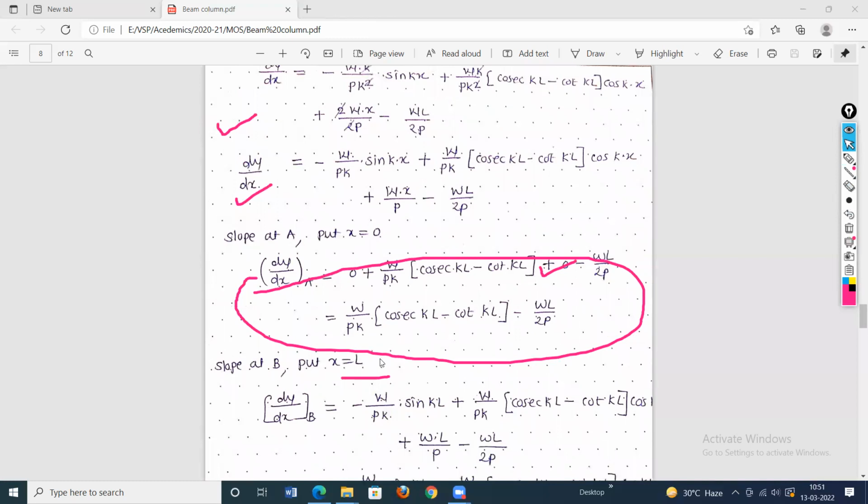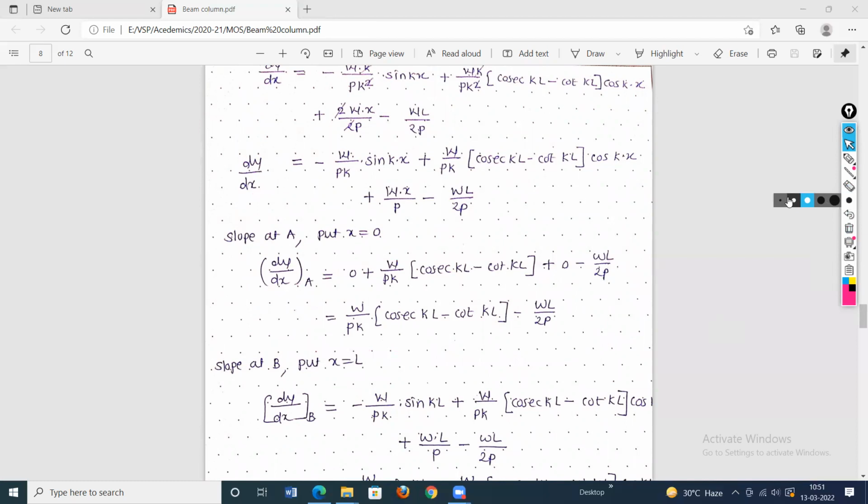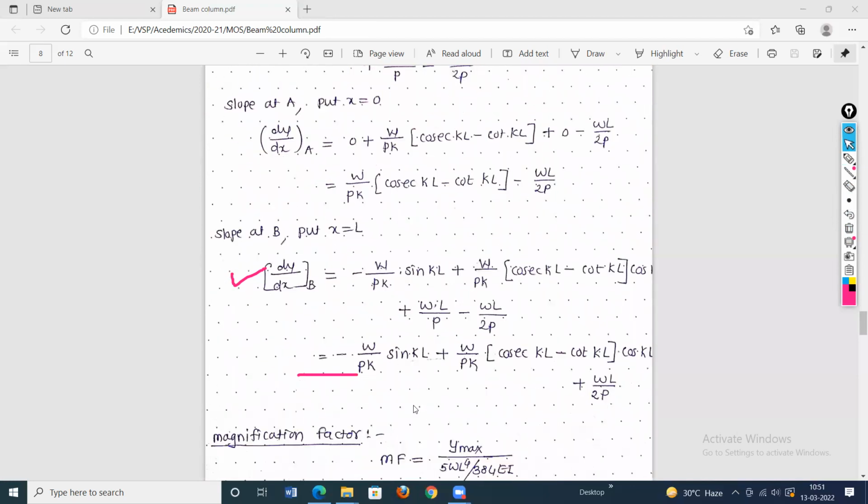Substitute here, and the maximum slope at A is this. Similarly, at support B the slope is maximum. Since it is a symmetric case, this equation and this equation are one and the same, so the slopes are the same.